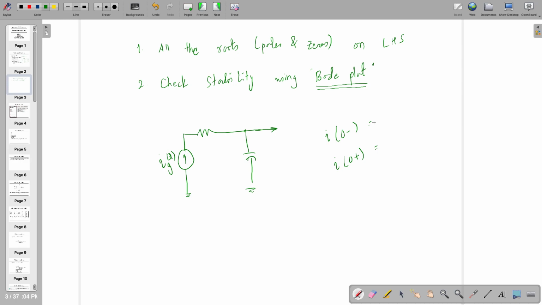In terms of voltages, both have different things. Capacitor, in terms of current, is short at low frequency. So I0 minus and I0 plus you can write down; right now I0 minus, and on the other side it will be open, so you can write down I0 plus also, right? And that you have to substitute in your differential equation.